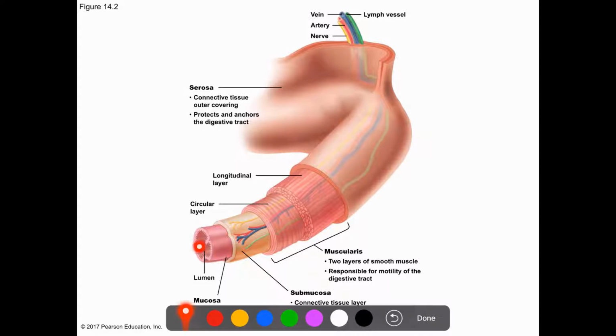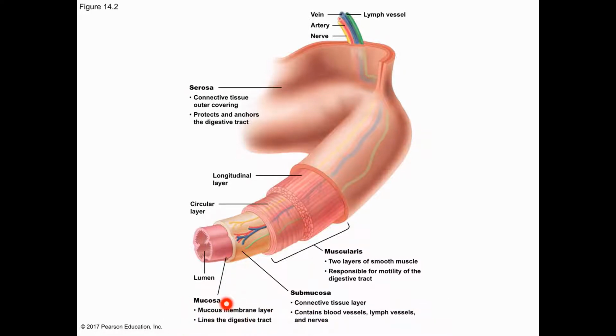From inside, of course, we have the lumen, and the first layer in contact with the lumen is called the mucosa. This is the innermost layer, and as we said, the food comes in contact with it since it's contacting the lumen. Above it, there is the submucosa.